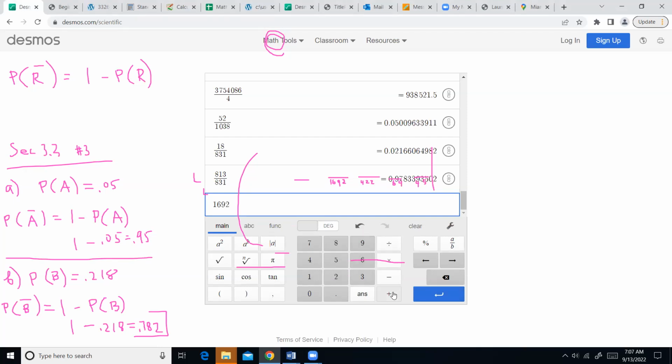So let me add these numbers together. 1692 with 422. Please double check. And 64 and 45, right? Plus 45. So this is going to be my total, which happens to be 2233. Oh no, 2223.